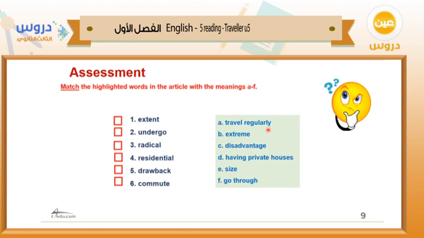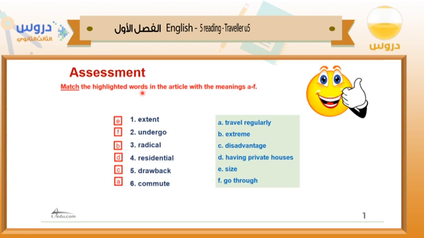A, travel regularly; B, extreme; C, disadvantages; D, having private houses; E, size; F, go through. Your mission is just to match the words with the list of meanings from A to F.